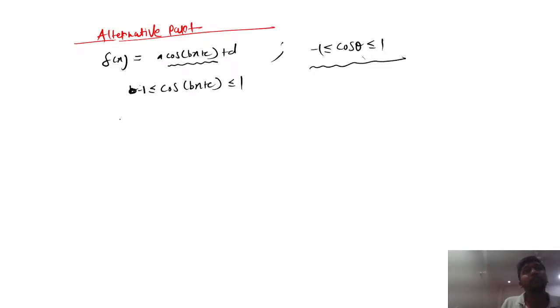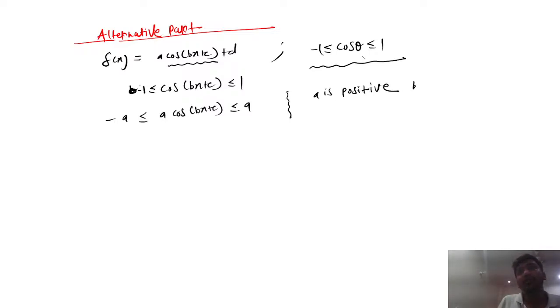Now multiply both sides by a. So can you write like this, a cos(bx + c) less than or equal to a. a is a positive number here, okay, and if you multiply anything by a positive number, the inequality stays the same. Okay, basic.